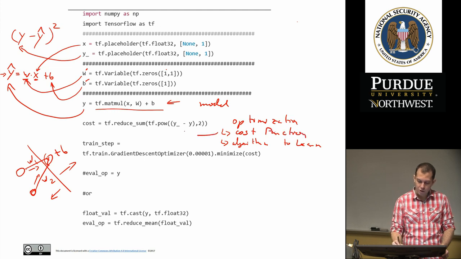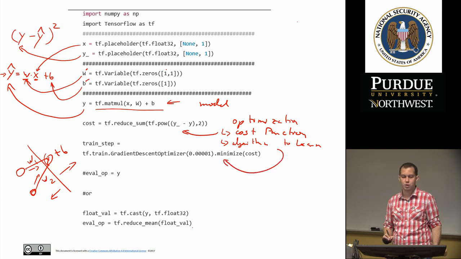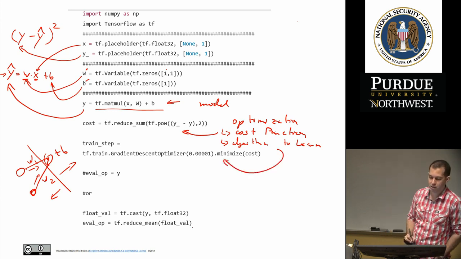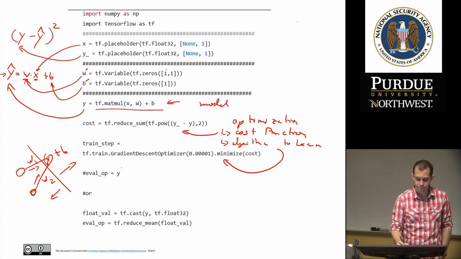So the cost function is this one, and the algorithm to learn is this one. All right, so those two lines basically capture the elements of the optimization.